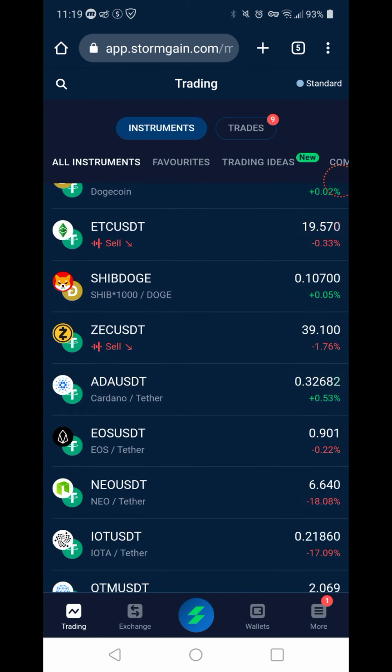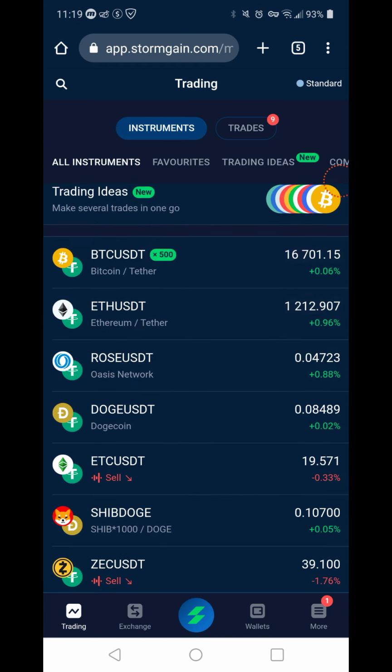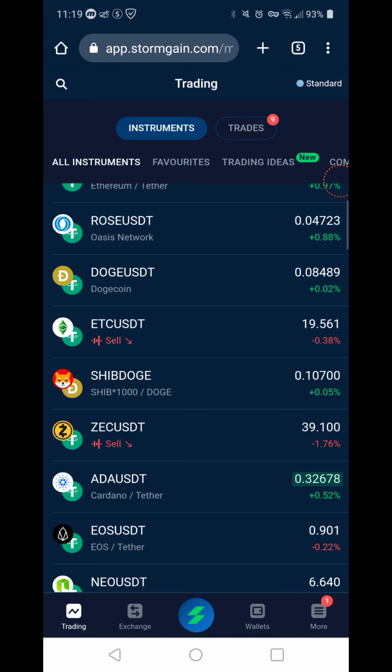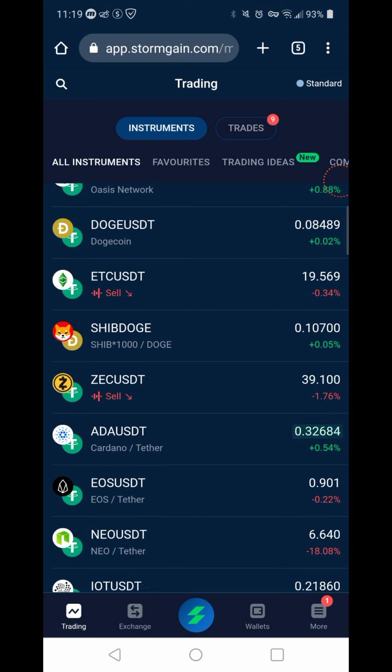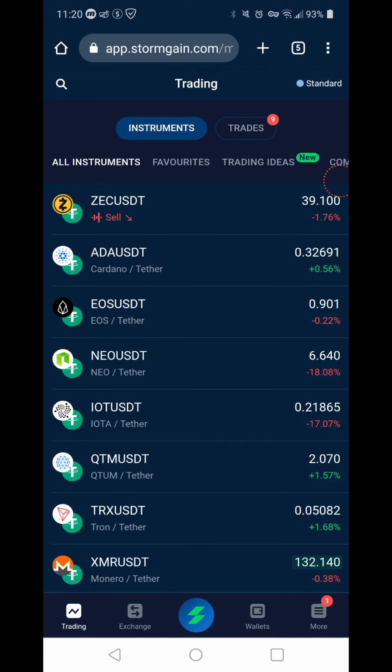They also do have ones that are just by themselves, such as BTC USDT. Essentially, that's pretty much just Bitcoin, and so on. Now, what I really like about this is they have their own algorithm where they put together options that say, hey, you should probably start selling this right now, and maybe keep an eye on those because eventually they will go back up.